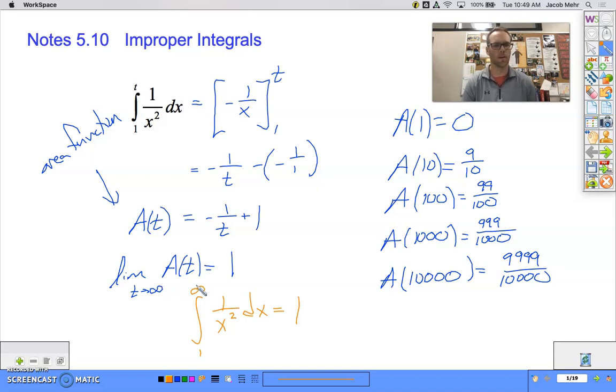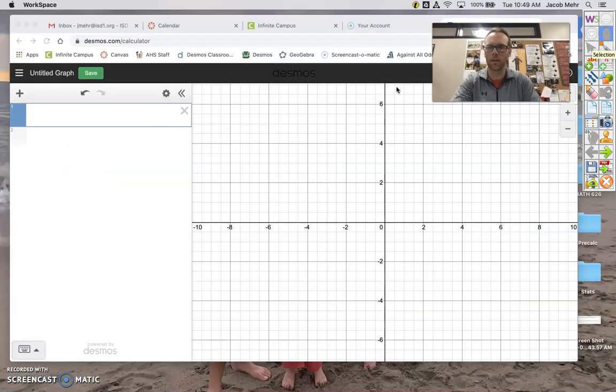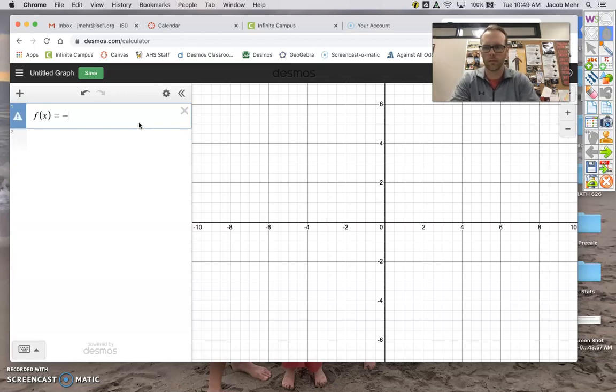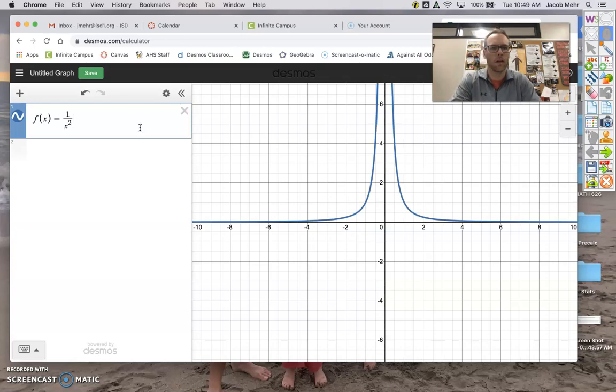So think about really what this means. I'm going to graph 1 over x squared, and we are just looking at it for x's that are greater than or equal to 1.